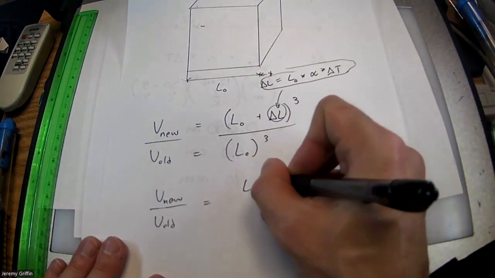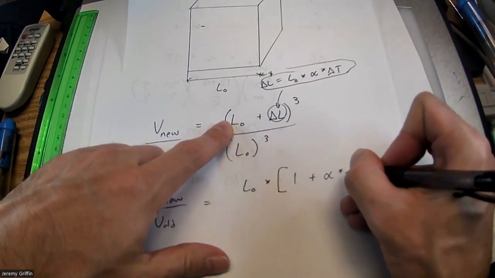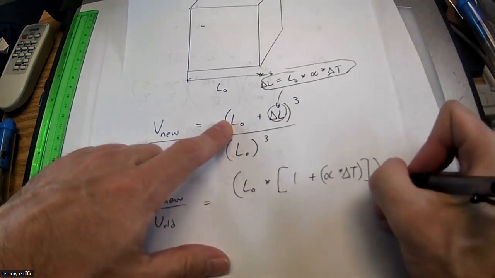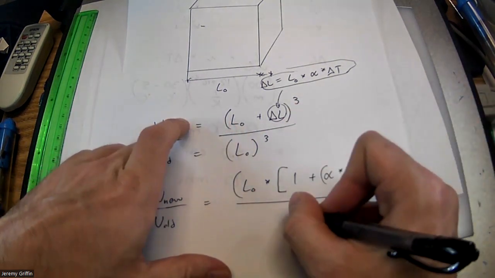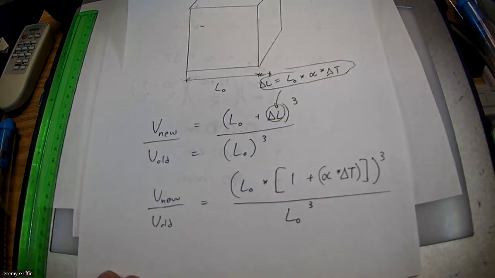So the L naught multiplied by this would be 1 plus alpha times delta T, this whole thing being cubed, divided by L naught cubed. Is that okay so far? Do you see what's going to cancel out? Yeah, all the L naught stuff.